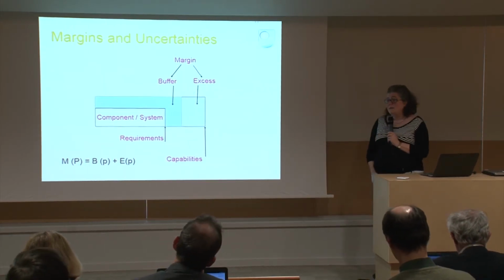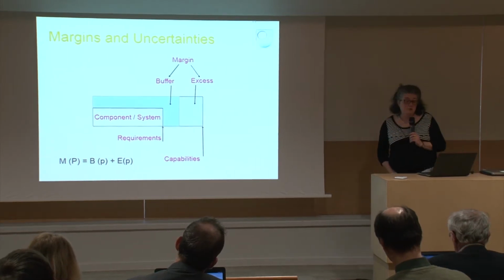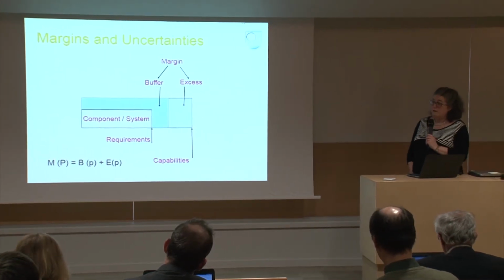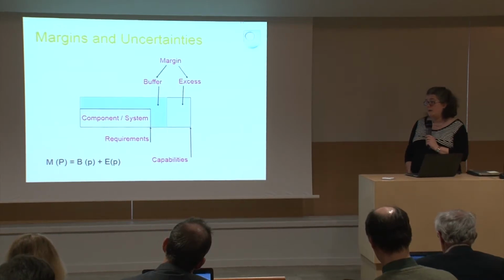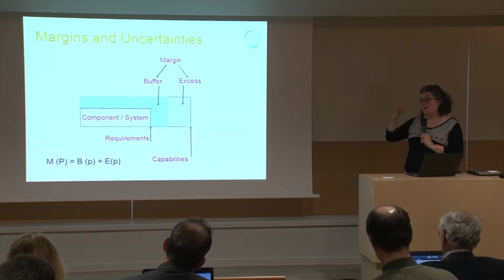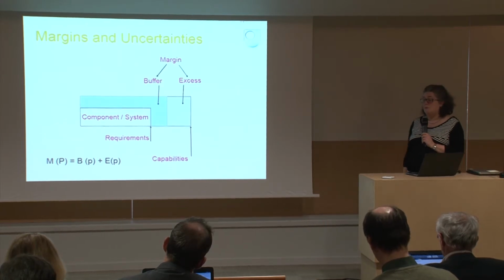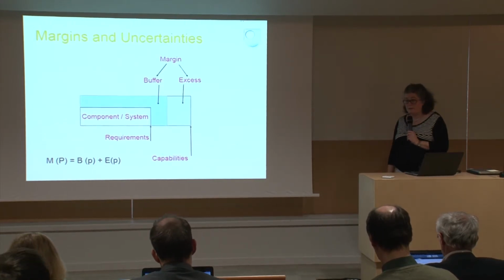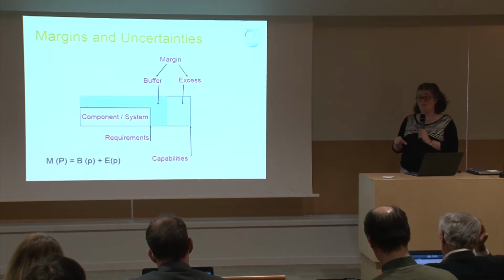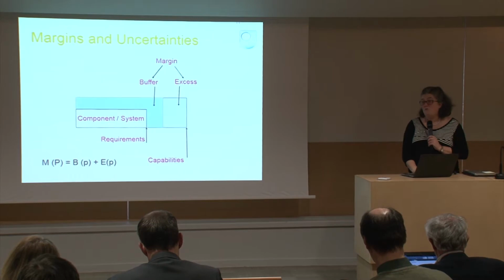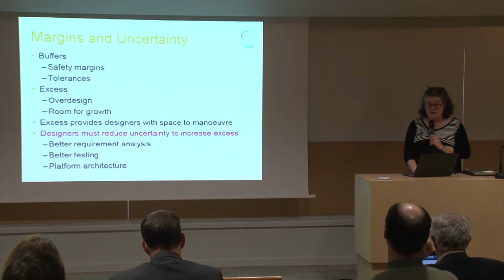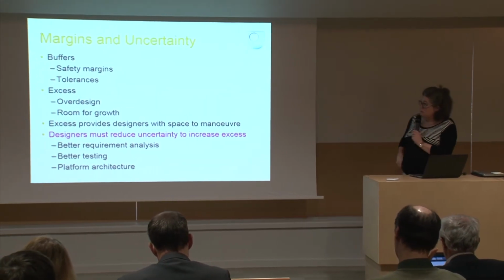That means that if you are able to reduce the uncertainty under which a component or system is being used, you will end up having a much bigger excess. Coming back to my example of components being deployed in different contexts, if you reduce some of the use context, i.e. the range of uncertainty, you will all of a sudden have more excess, which is the usable margin that you can do with.